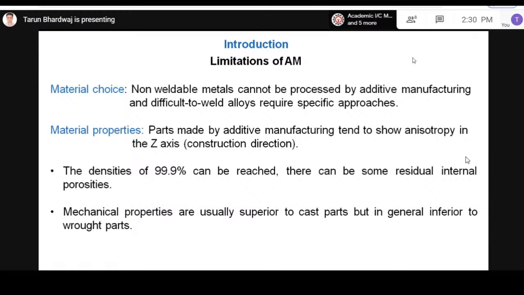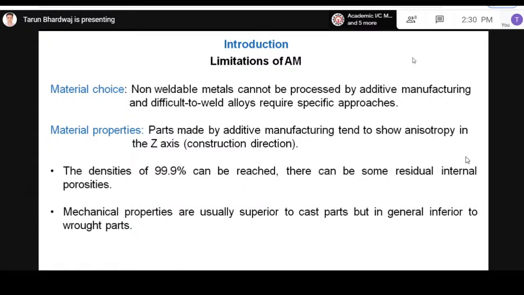So the thermal gradient between the very high temperature and the low temperature, for every layer, will cause an anisotropy in that particular product in the z axis, in the construction direction. We can also remove that by using some scan strategies, or by using some different build orientation in that additive manufacturing process. And the densities we are getting for each and every material is 99.9%.